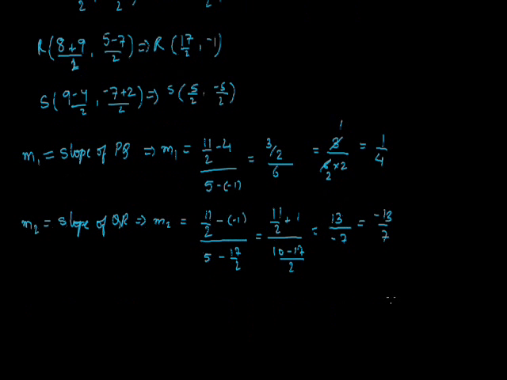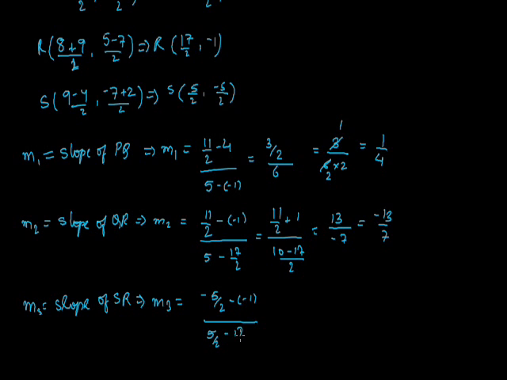Similarly, I'll have the slope M3 associated with the line joining RS. So M3 is equal to the slope of RS or SR. M3 is equal to (-5/2 - y1) upon (5/2 - 17/2).